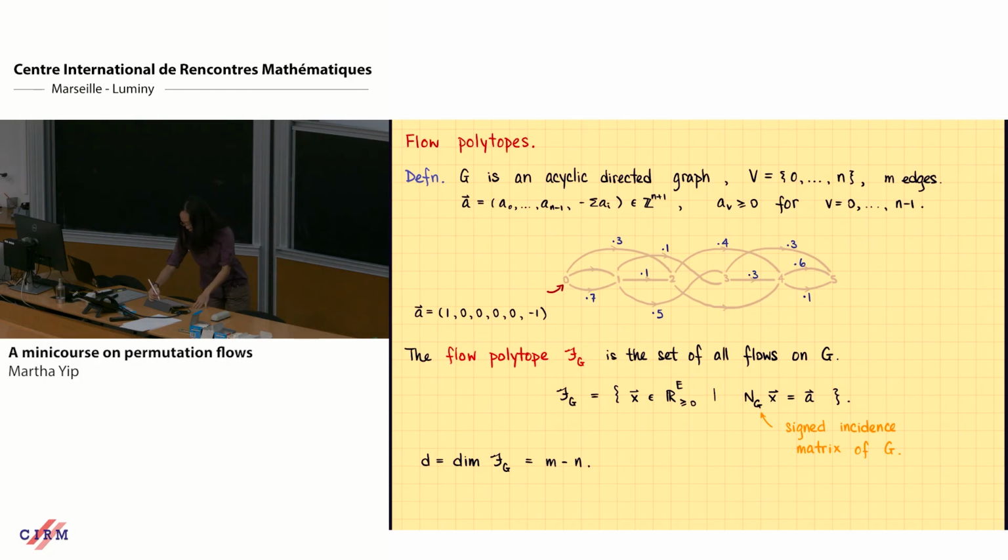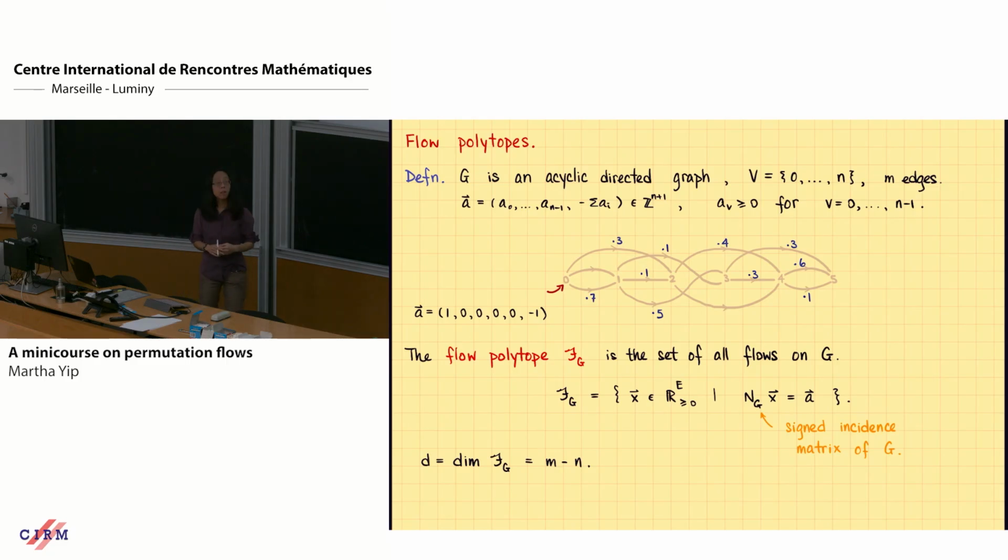We can check, for example, this vertex. I have 0.4 units and 0.3 units coming into here. I also have to have a total of 0.7 units of flow leaving, right? But at the end, all the flow gathers and it leaves the sink. So this is the 1, 0, 0, 0, minus 1 flow.